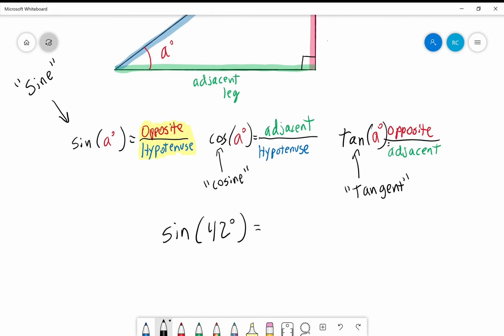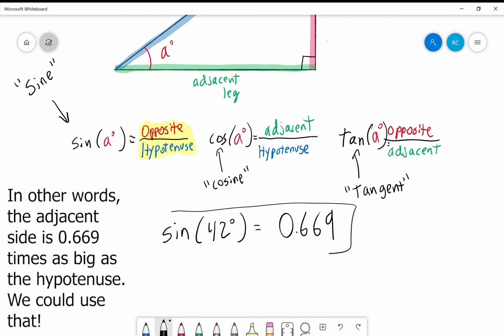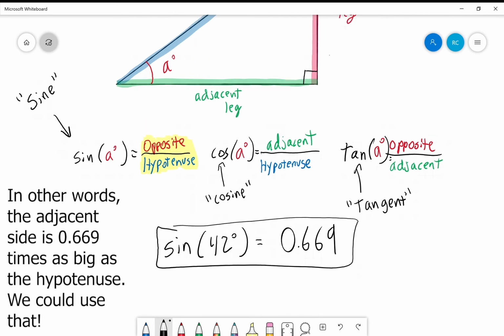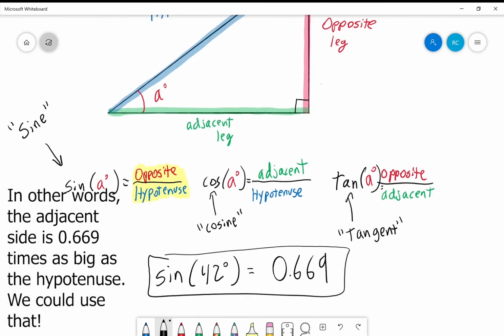Thankfully, we have a calculator. Now, I'm going to show you on Google's calculator how to input this, but for now, I'm going to use my own calculator, and I'm going to say sine of 42 degrees equals 0.669. Nice. And that's just a calculator thing.